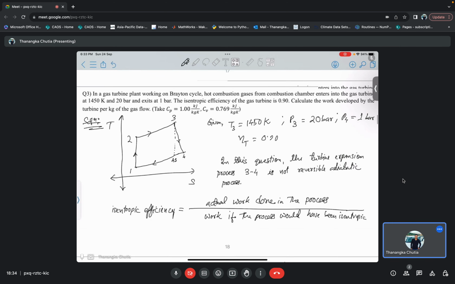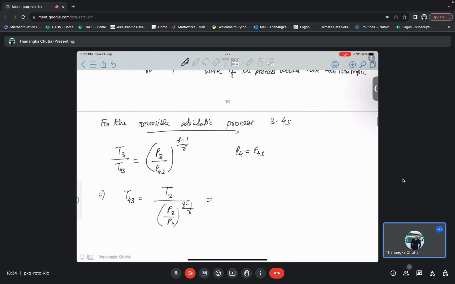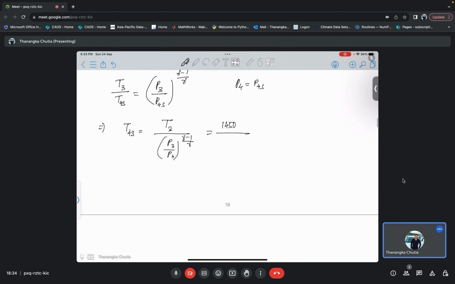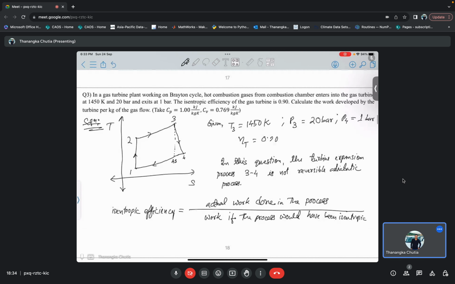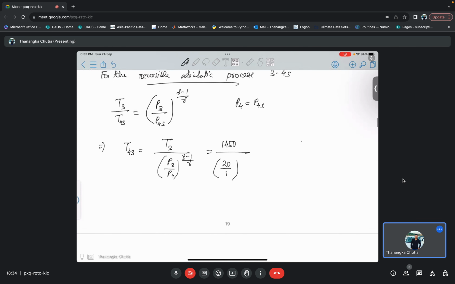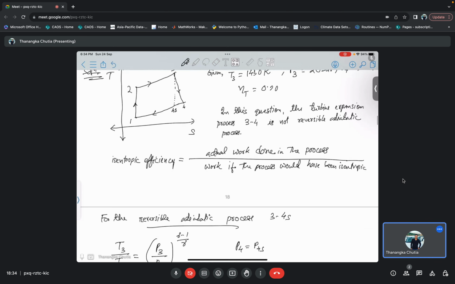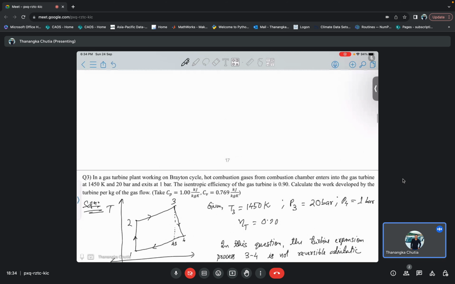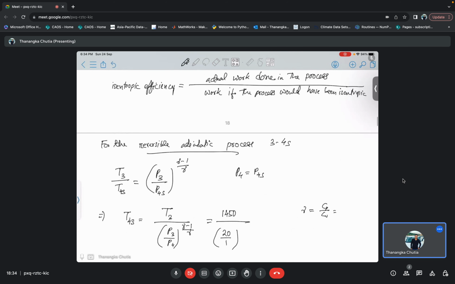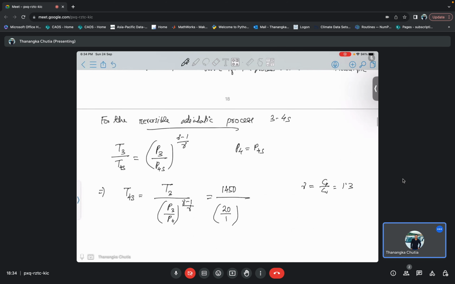What is T3? 1450. What is P3? 20 by 1. And what is gamma? Cp and Cv values are given. So gamma is equal to Cp divided by Cv, 1 divided by 0.769, which is 1.3. So the exponent will be 0.3 divided by 1.3.